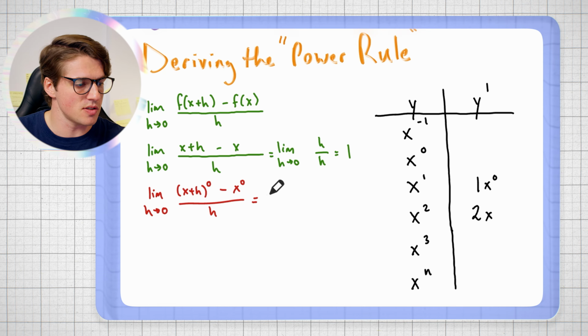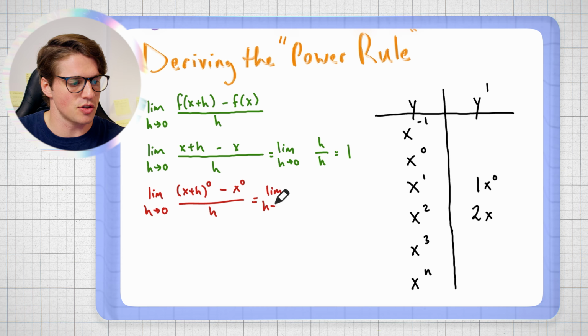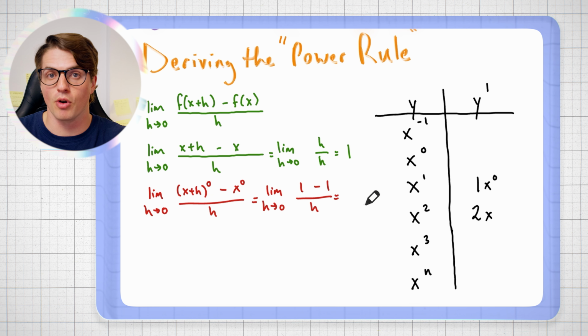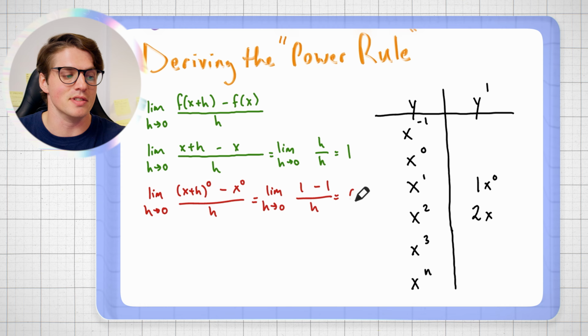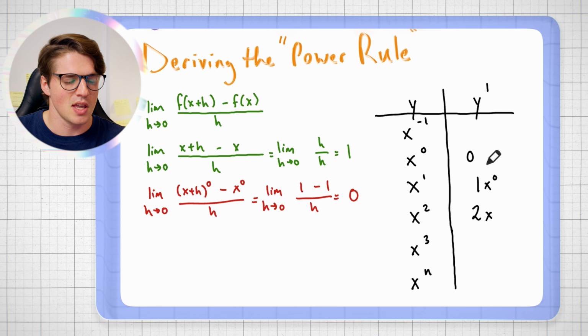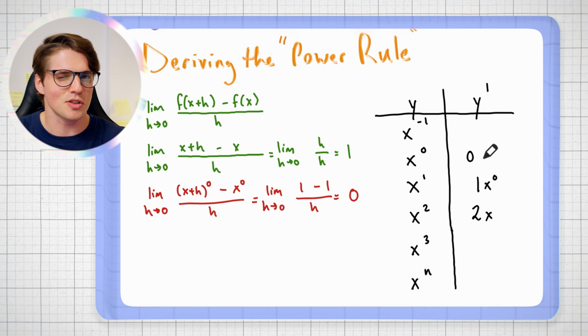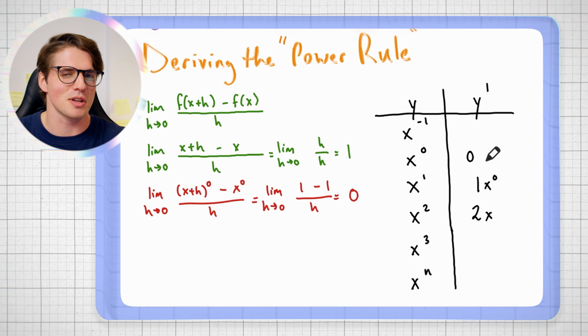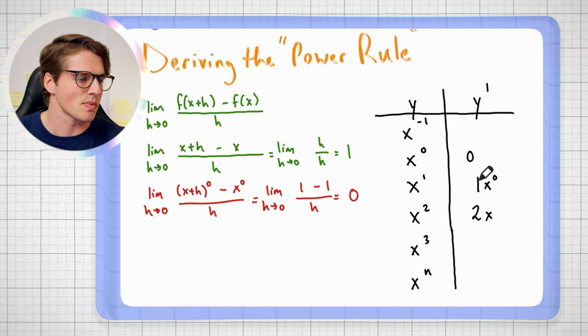So to simplify this, we have the limit as h goes to 0 of x plus h to the 0 is just 1, minus 1 over h is 0 over h, or just 0. This limit would just be 0. Okay, so let's write that here. Let's say 0. And I could write x to the 0 here, but I'm not going to. I'm just going to write 0.